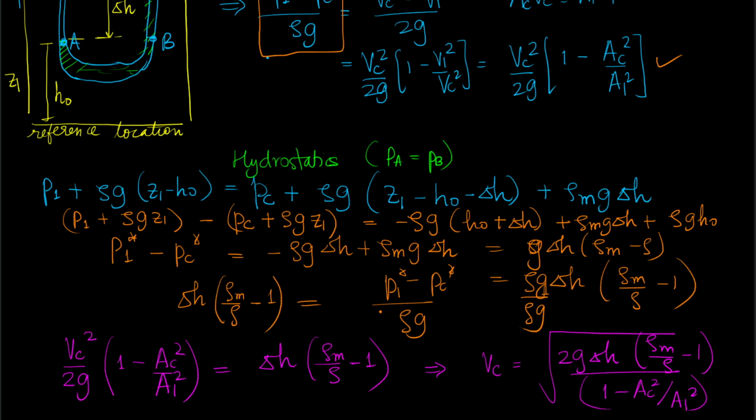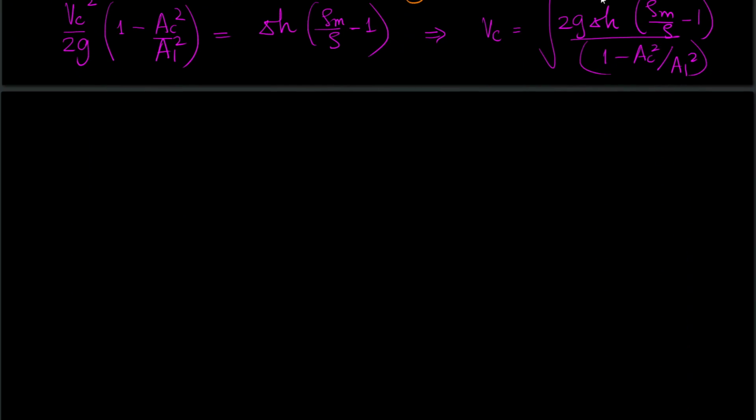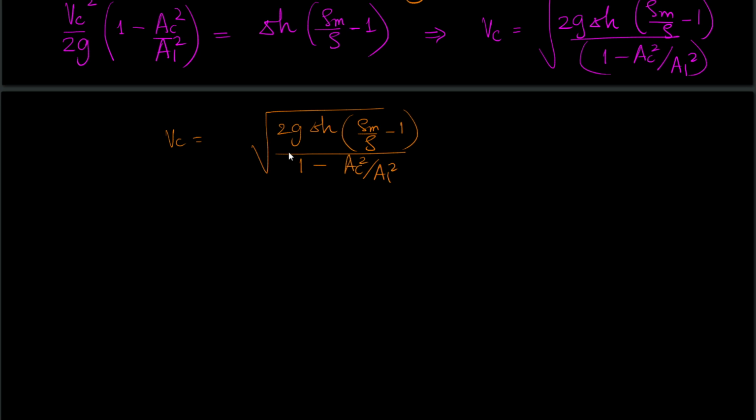So in this analysis, we are able to find out the velocity at the vena contracta in terms of the observed difference in the manometric height. So Vc is equal to the square root of 2g delta H (rho m upon rho minus 1) upon (1 minus AC square upon A1 square).